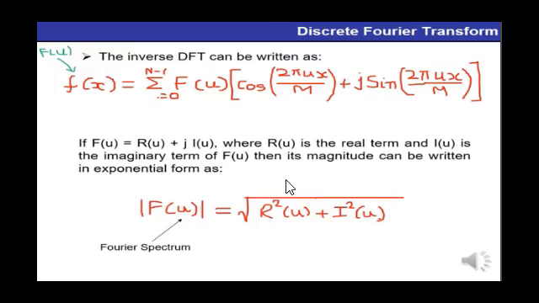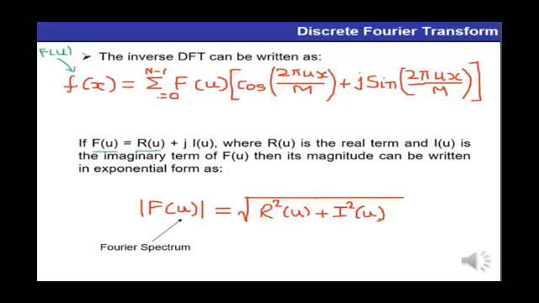Now how to find its magnitude? If F of u is written as R of u plus j I of u, where R of u is the real part and I of u is the imaginary part, then the magnitude is the square root of the real part squared plus the imaginary part squared.